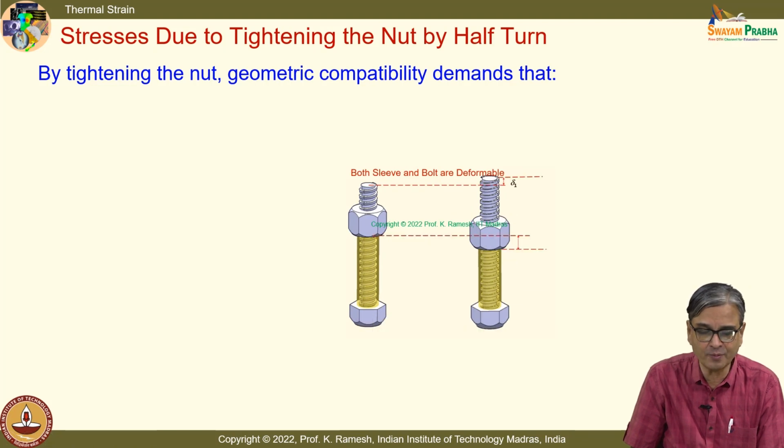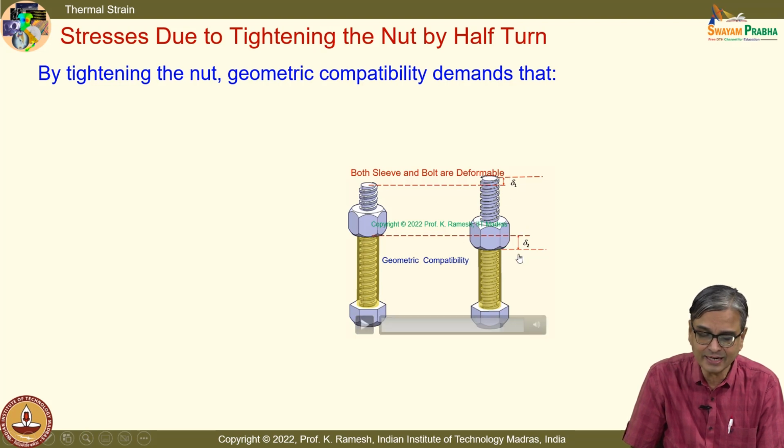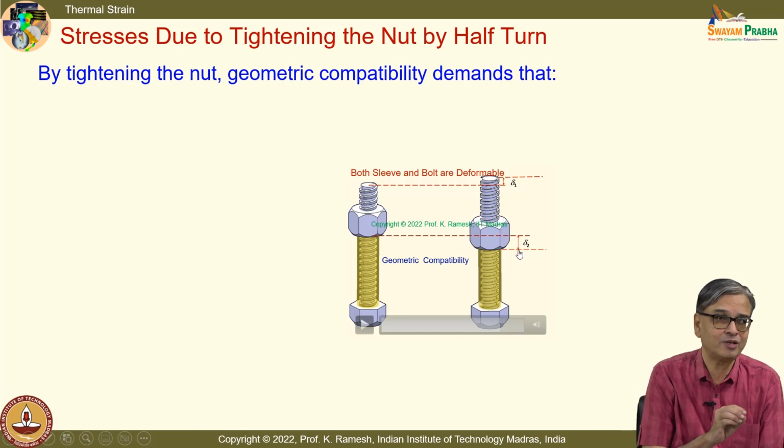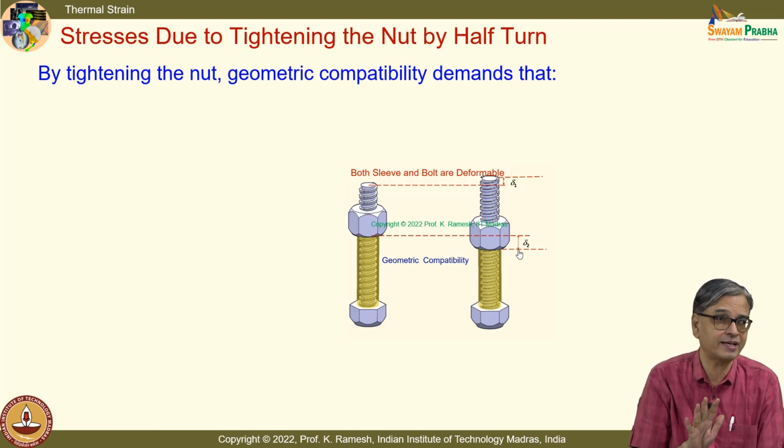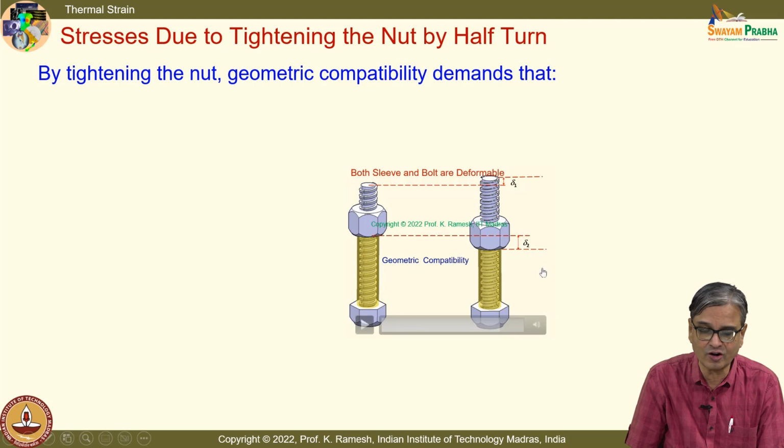When both are deformable, I have elongation of the bolt as well as compression of the sleeve. While you write all of this, you must keep track of what way you are putting the signs. We are looking at it physically, and we are looking at this as expansion and this as contraction, and we are adding them.